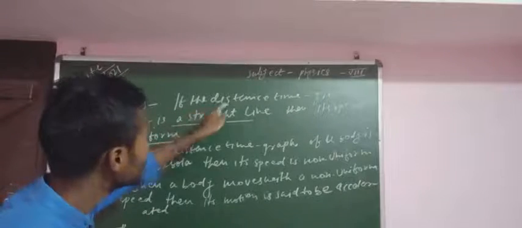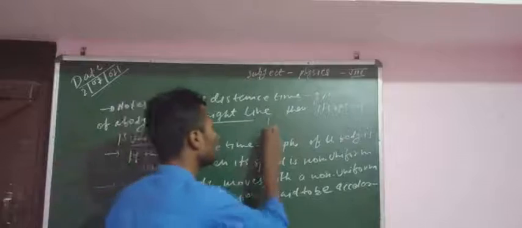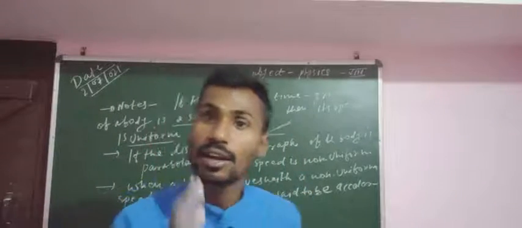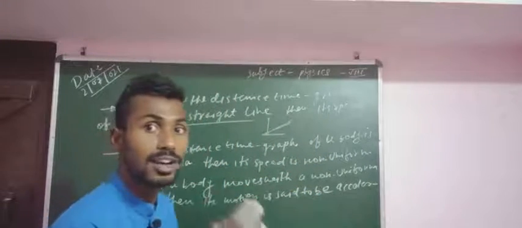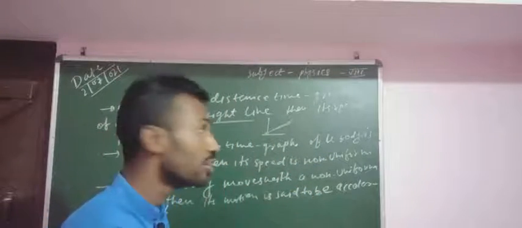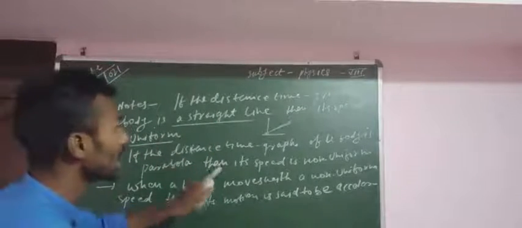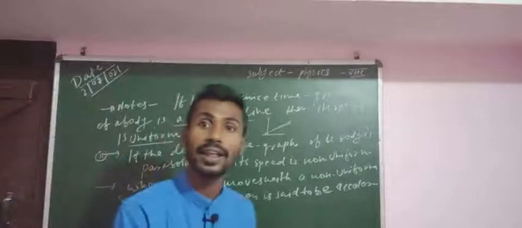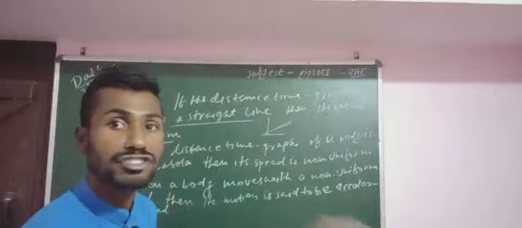If the distance time graph of a body is a straight line, then the body is moving with constant or uniform motion. Second point is that if the distance time graph of a body is a parabola, that means a curved line, then the speed of the body is non-uniform.